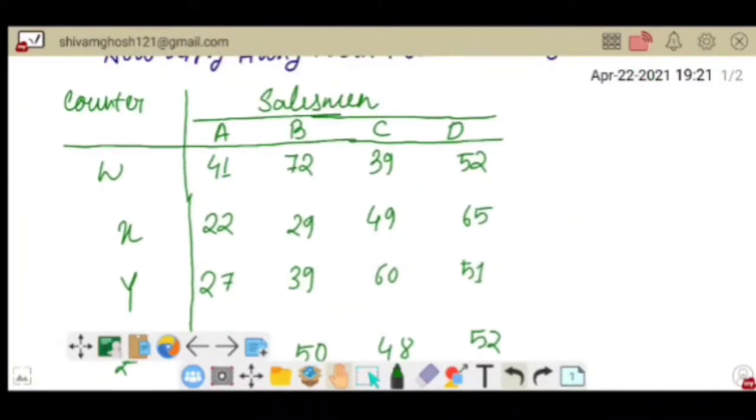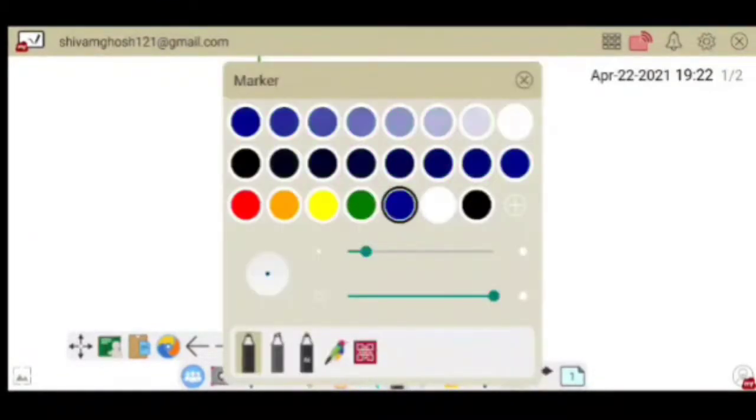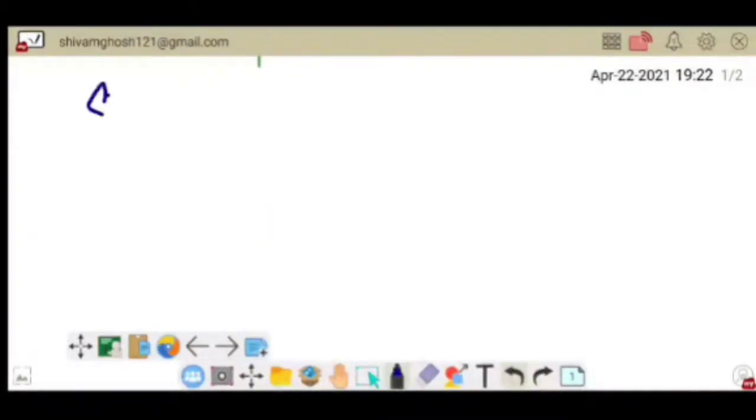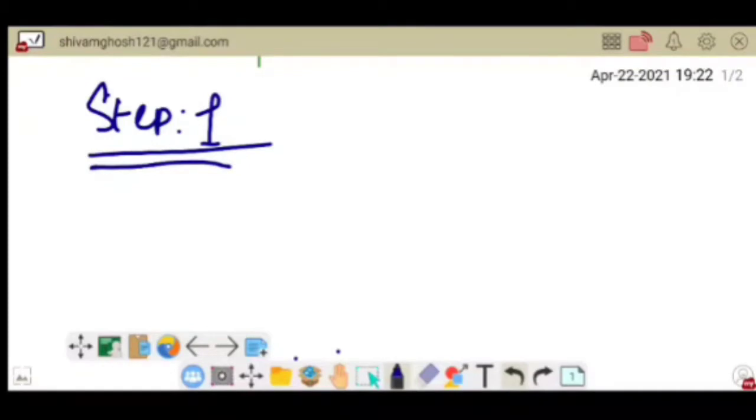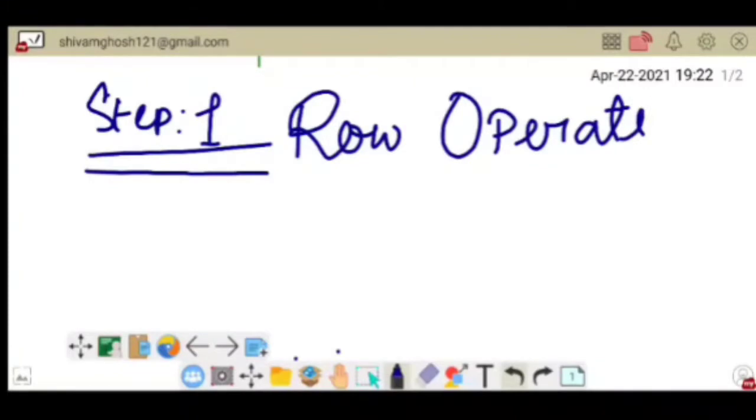So after that, now we will go through our steps. Remember step 1, that is row operation.